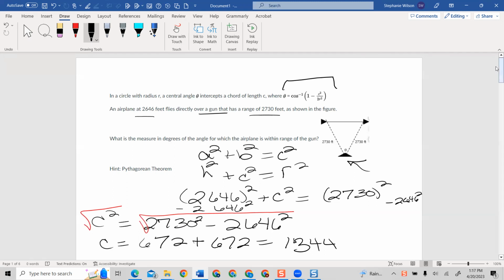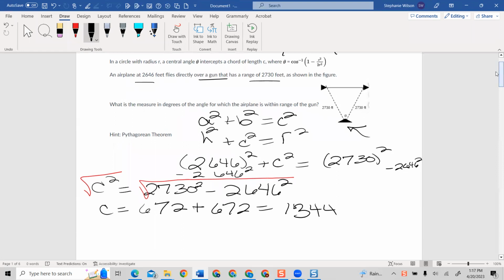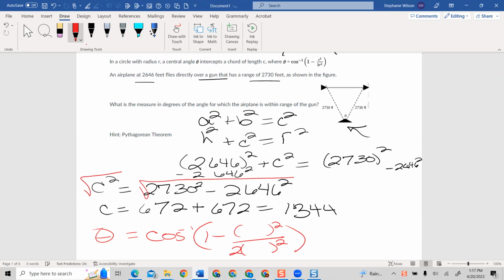We'll scroll down just a little bit. The formula that was given to us: theta is equal to cosine inverse of 1 minus c squared divided by 2 times the radius squared. Let's plug in what we know. My c squared is 1344, and my radius is 2,730.